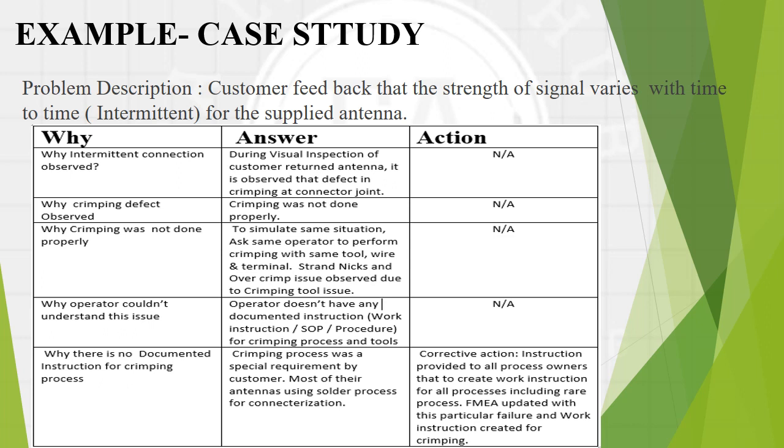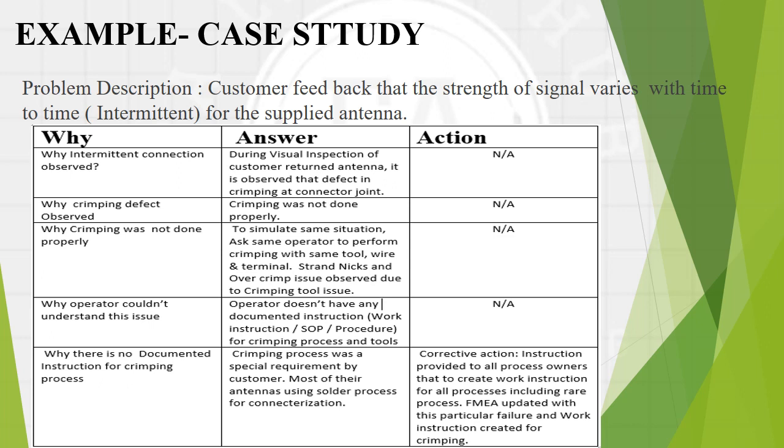So next, why is there no documented instruction for the crimping process? The crimping process was a special requirement by this customer. Most of their antennas use a soldering process for connecting a connector with a wire. I don't know the proper terminology, but I use the term connector connecting with a wire.